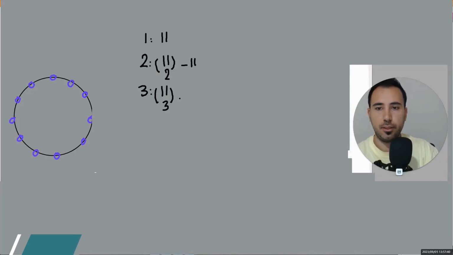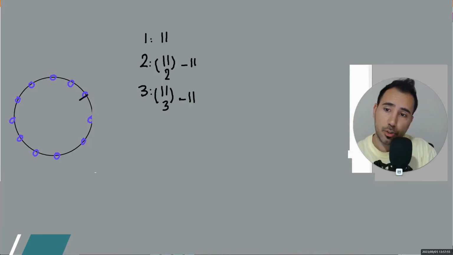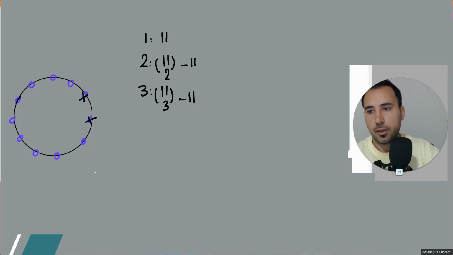But still, there is a problem. What if we're choosing 2 that are close and this one is right over here? This is again not acceptable, so we need to remove these. How do we count these? We're going to have 11 pairs like this.